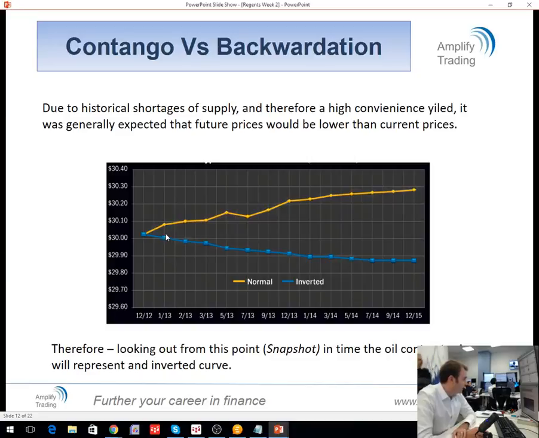The blue line here is inverted. This is when there's a very limited supply. This is when market participants are willing to pay more for delivery today than they are in the future. And the blue line is an inverted curve. What we're looking at here is a snapshot of the price of derivative contracts over time.